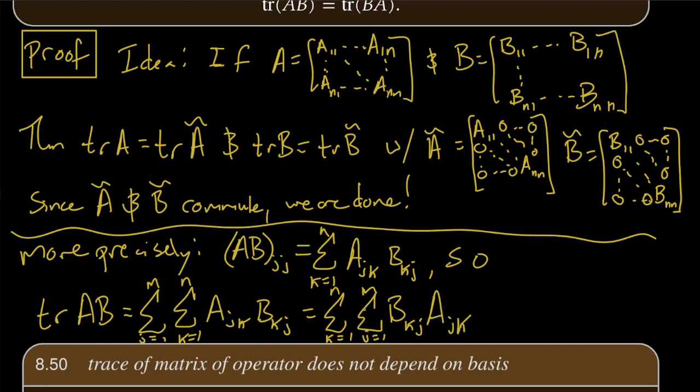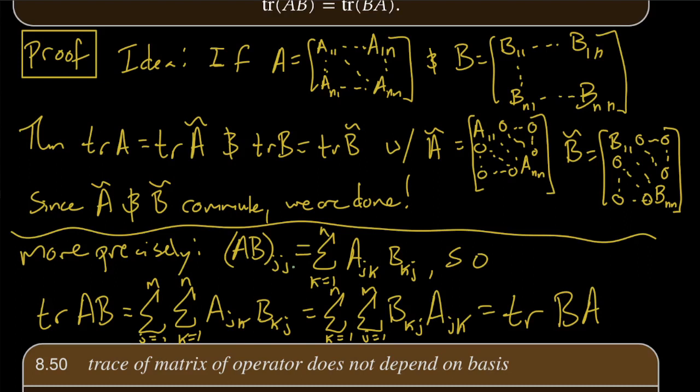All I did is I flipped it. That is, it doesn't matter which order I multiply two numbers in, right? And if I'm taking a sum, I can take sums in whatever order I like. Yeah, I can switch the order of these at will. This is just the trace of BA by exactly the same argument.